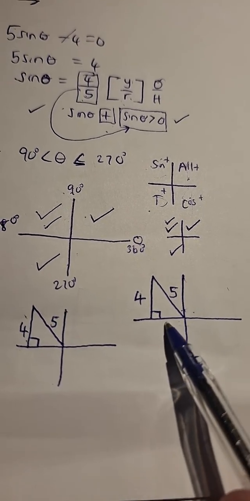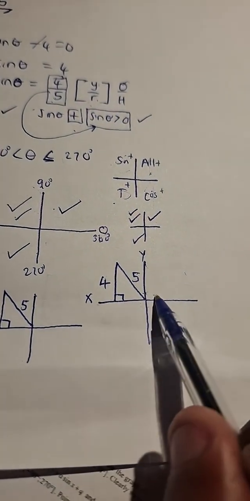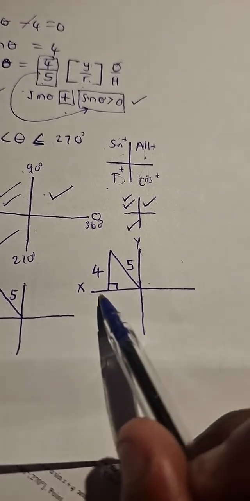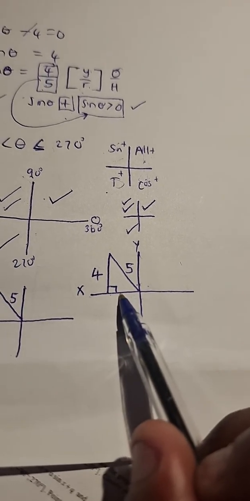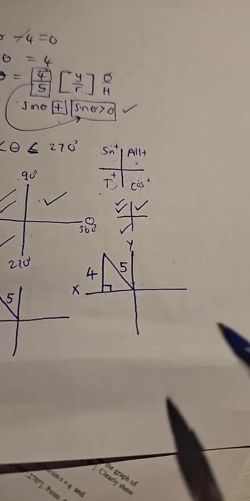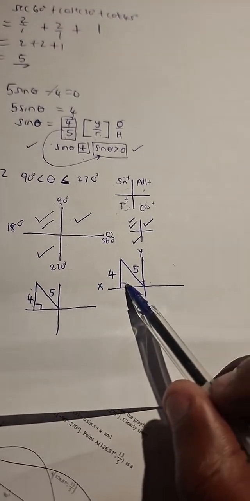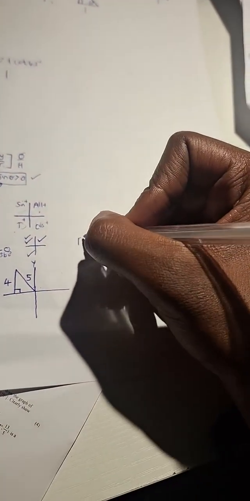And our x value, because our triangle is on this side of the Cartesian plane, we are expecting a certain sign for the x value that we get. The question is, will x be positive because it's on this side, or will it be negative? That is the million-dollar question. So how do we find the value of x? We use Pythagoras.